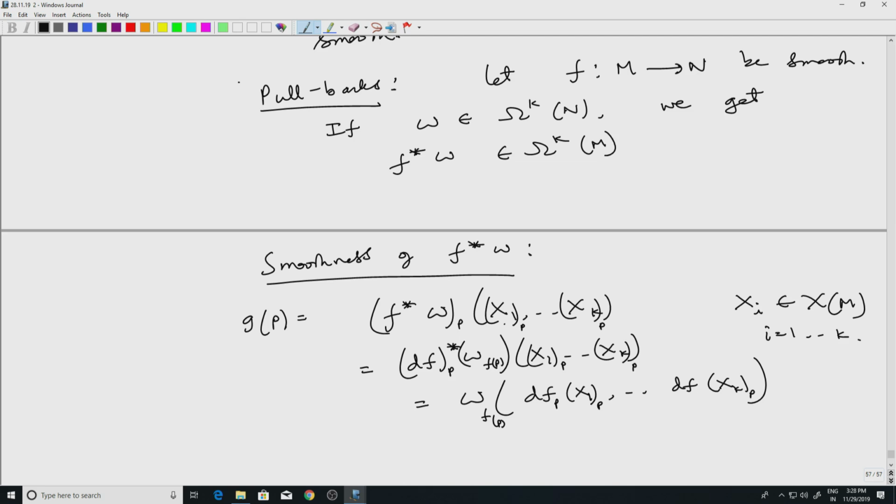So in short, the inputs on this right hand side for omega are not actually vector fields on the target.